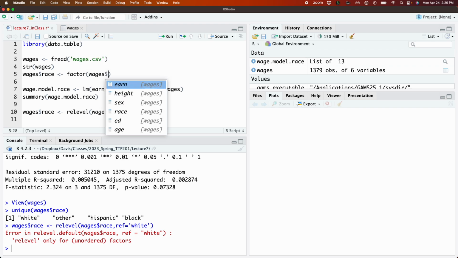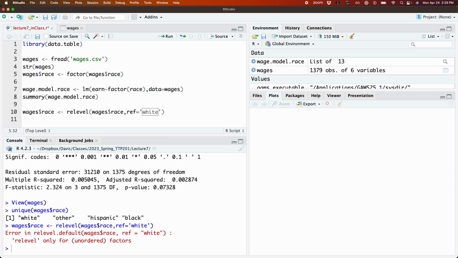Factor wages dollar race. And in fact, the way that the levels are set by default is alphabetical, as I was saying. So that would look something like this.